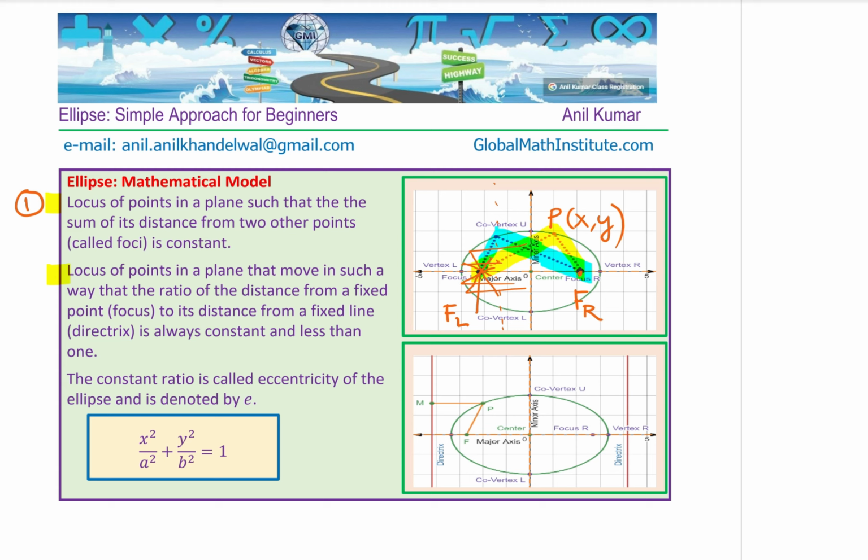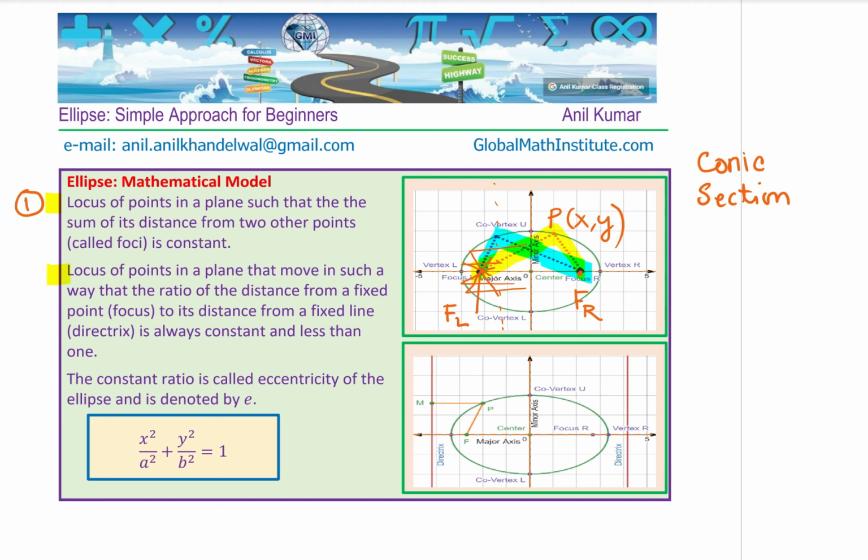The second way is that, as defined in all the conic sections which we learned earlier, we know that an ellipse is a conic section. So in this conic section, what we notice is that it is the locus of points in a plane that move in such a way that the ratio of the distance from a fixed point, the focus, to its distance from a fixed line, the directrix, is always constant and is less than 1.